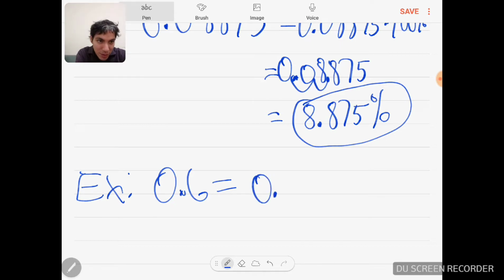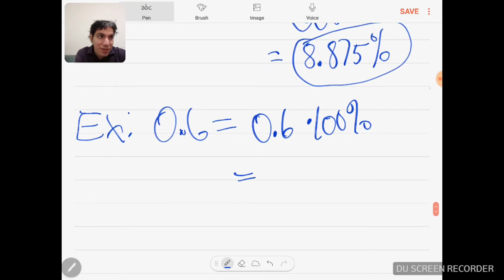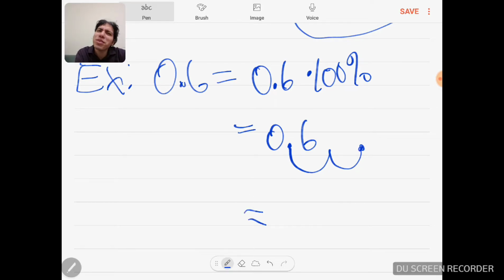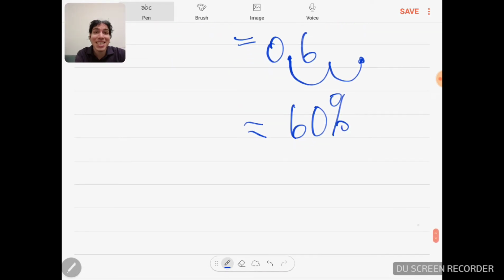You want to do the same methodology I told you before, times 100%, and then you get 0.6. I move the decimal point over once, twice. You might say to yourself, but there's nothing there. What am I going to put there? Well, you just put a 0, and your percent symbol. So it's 60%. It's not 6%, but 60%.